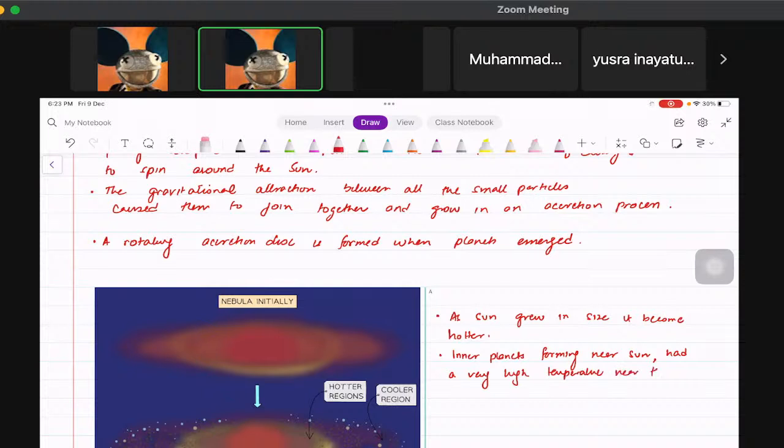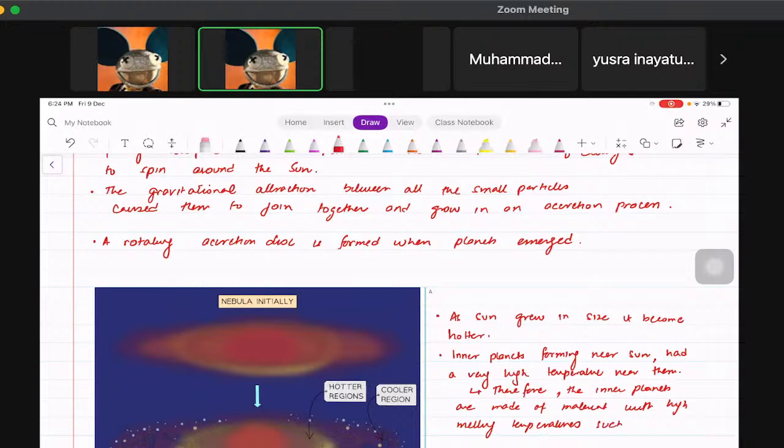Okay. So, therefore, the inner planets are made of materials with high melting temperatures, such as iron, right? Usually metals. Okay.